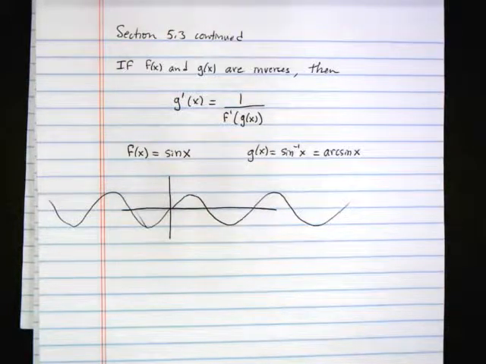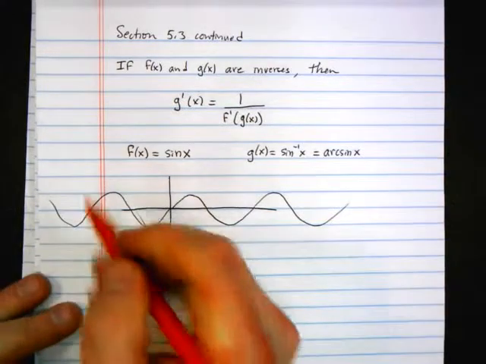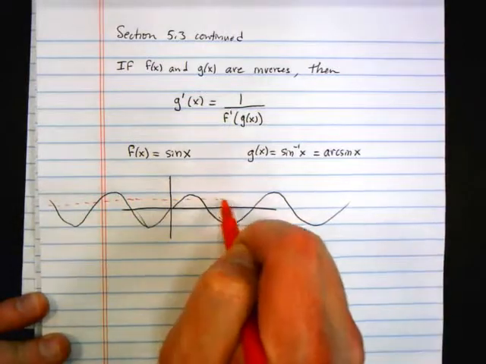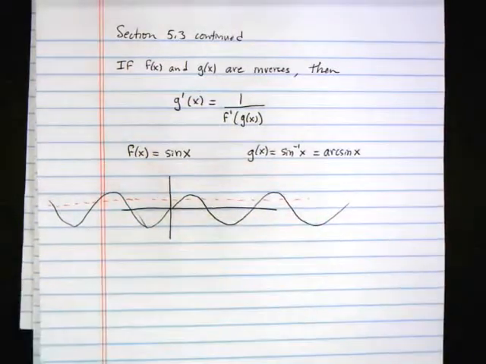Well, not over the whole period, but depending on the interval you pick. The sine graph on its own is definitely not 1 to 1. In fact, it fails being 1 to 1 almost as badly as you can, because that horizontal line right there crosses how many times? An infinite number of times. It fails the horizontal line test about as badly as you can fail it.